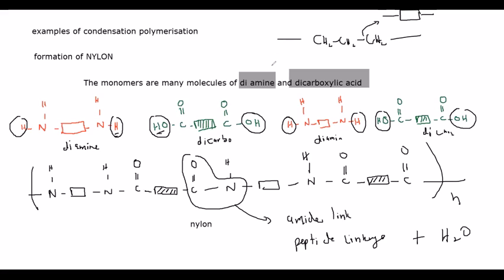The second type of condensation polymer, which you have to learn and practice the structure of, is polyester. And these are man-made or synthetic polymers.